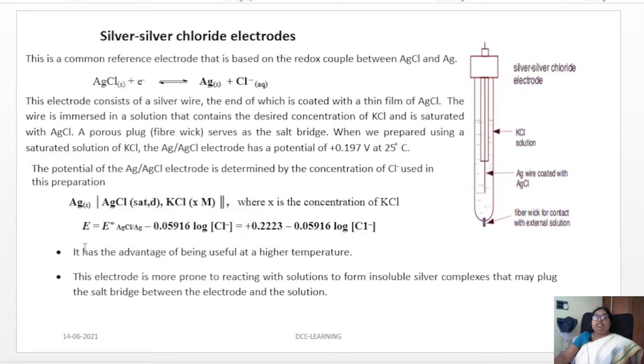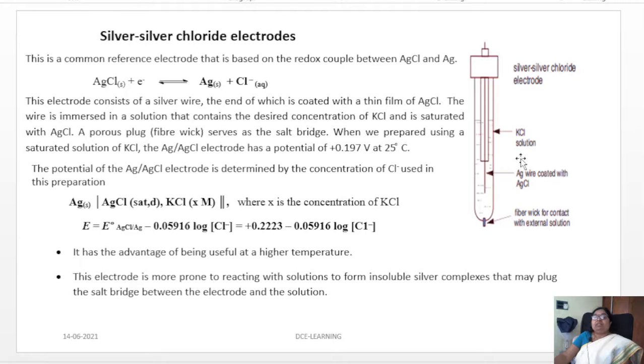And by using the Nernst equation here, the E cell, let's say, you are going to keep 0.223 here, because that is under saturated conditions.